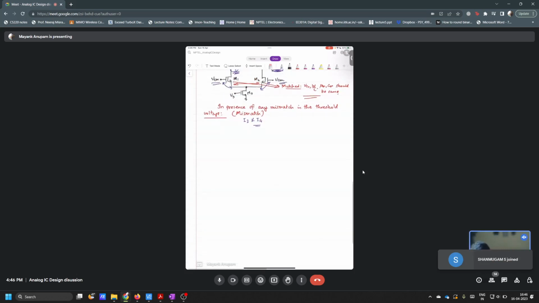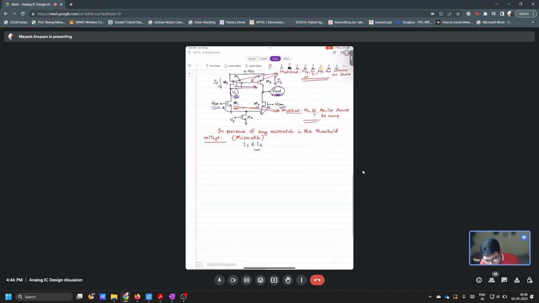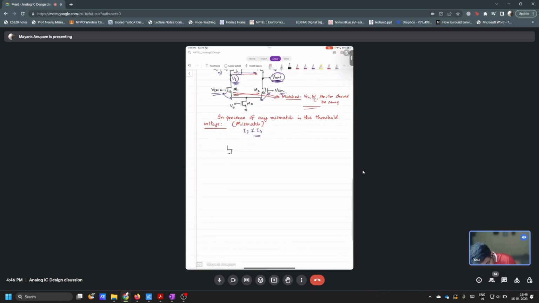What you do in practice is, in practice there will be a lot of mismatch. How do you estimate the effect of mismatch? Basically there is this MOSFET here, and let's say the threshold voltage of M3 and M4, let's say M3's threshold voltage is slightly lower.